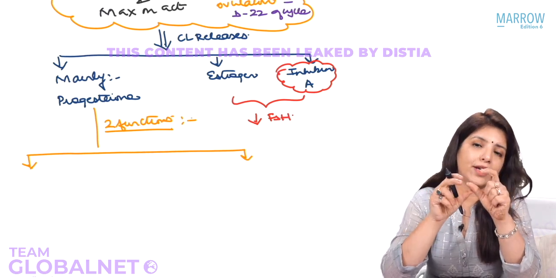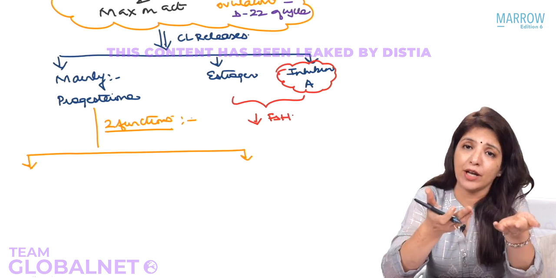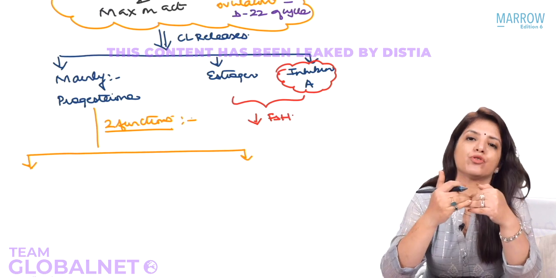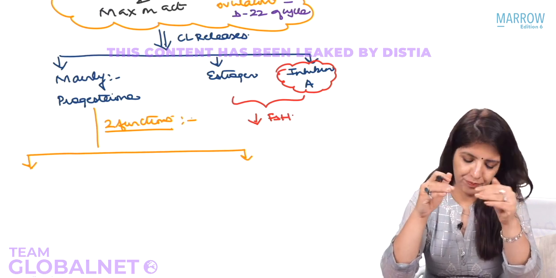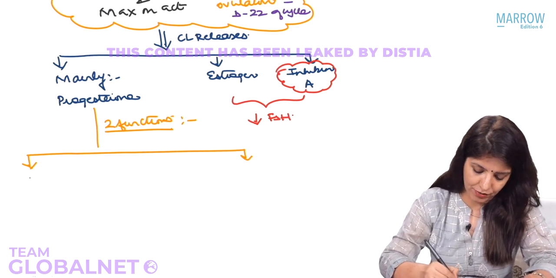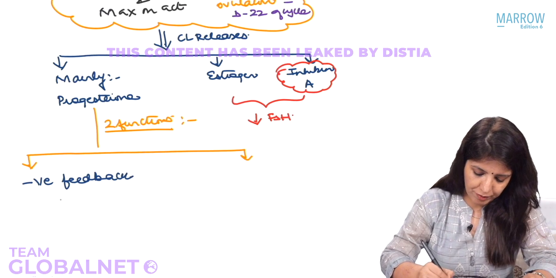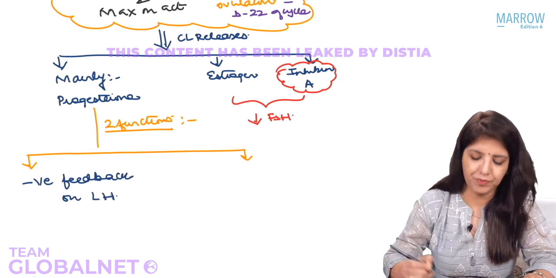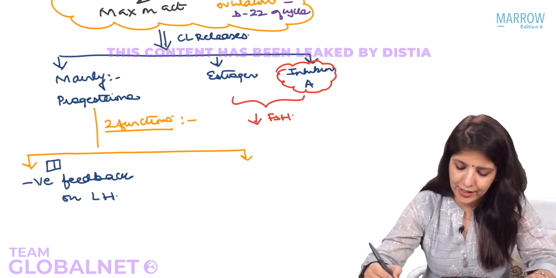Now progesterone is being produced from corpus luteum under the effect of LH. So the moment progesterone is produced, it will have a negative feedback on LH. So one function is it will have a negative feedback on LH.